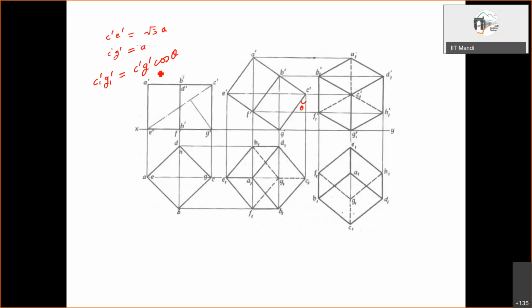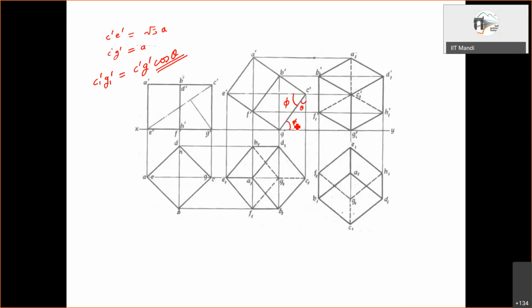Now this cos theta tells us the amount by which the lengths have been reduced. How much is this value? We get it from this: C dash E dash is root 3 a, C dash G dash is a. So you can get this angle from there, and then you can get theta from that.